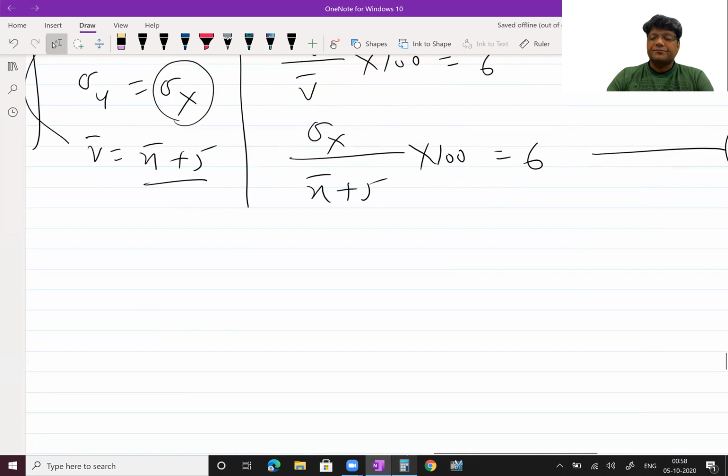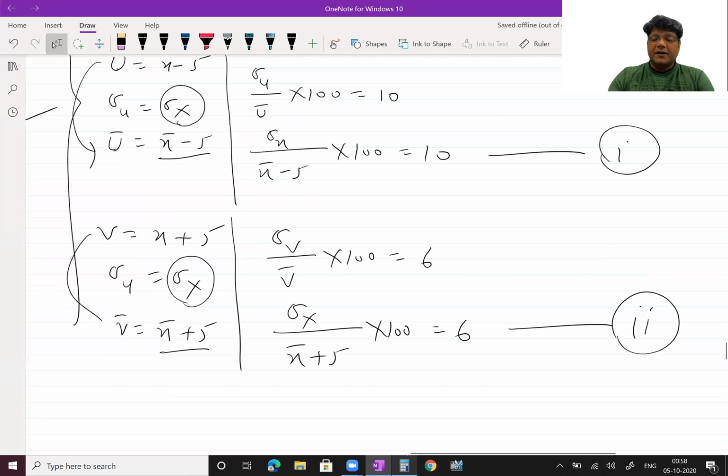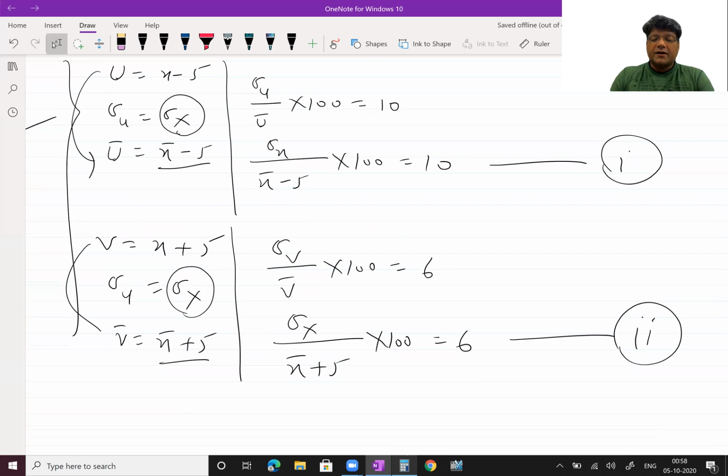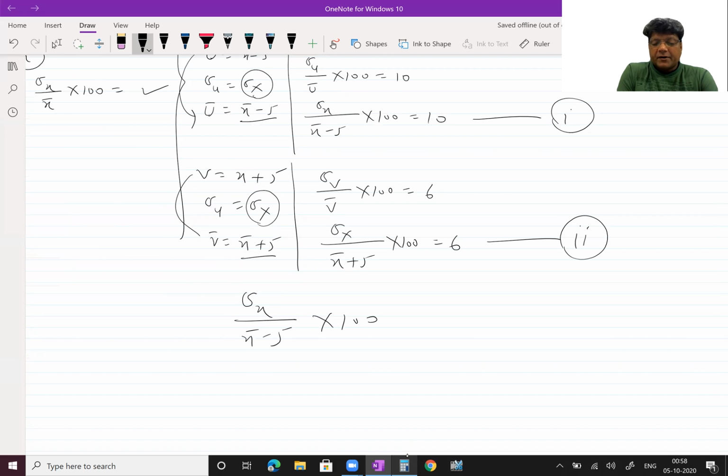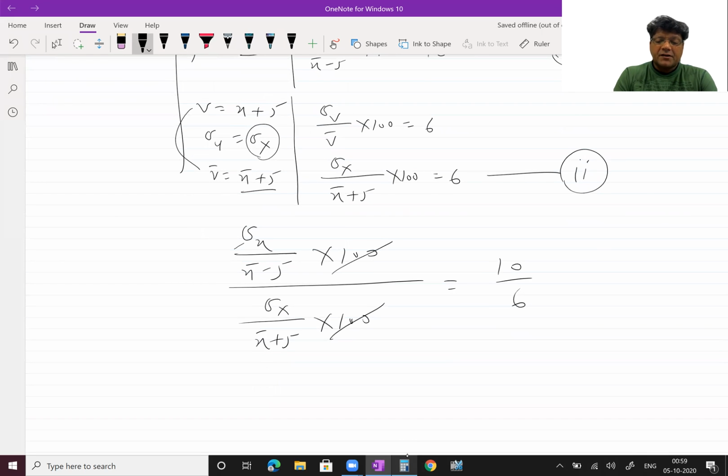See, here we will divide equation 1 and 2. Sigma x by x bar minus 5 into 100, divided by sigma x by x bar plus 5 into 100, is equal to 10 by 6. This 100 is gone, this sigma x is gone.